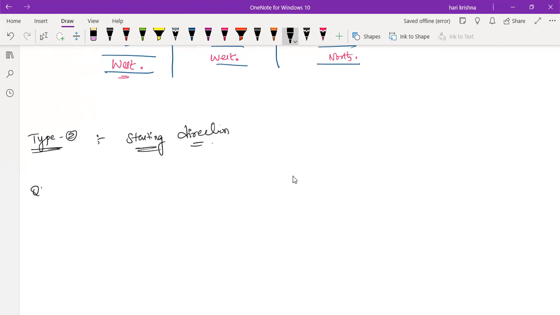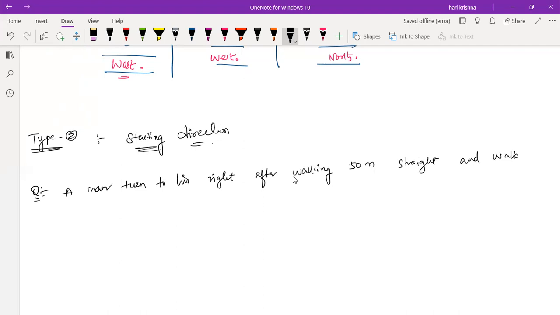One question we will take. A man turns to his right. After walking 50 meters straight, he walks 40 meters again.